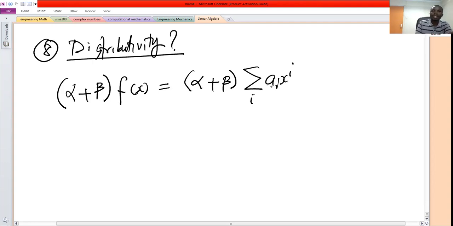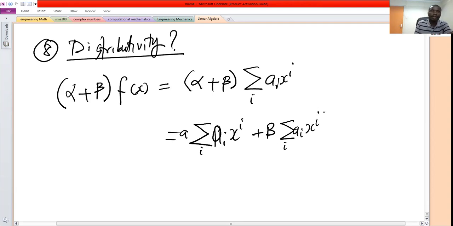This being a constant, I just multiply by this coefficient. So we have alpha times the summation of a_i x^i plus beta times the summation of a_i x^i.